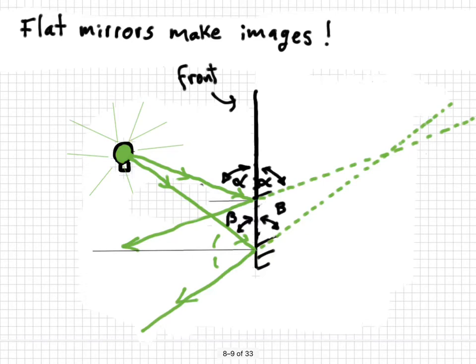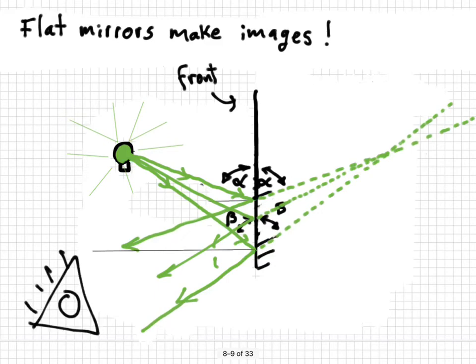The angle beta here is the same on both sides, just like alpha was the same on both sides, and this is going to be true for any light ray that hits the surface of the mirror. Using this, you can prove actually that all of these extensions of the reflected light rays all intersect at the same point, at a single point in space.